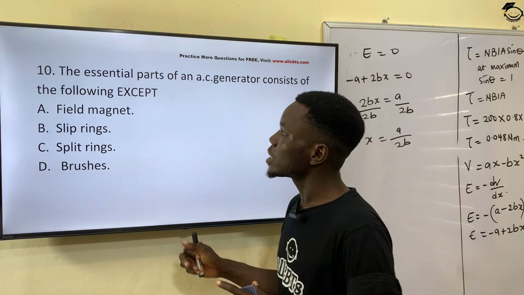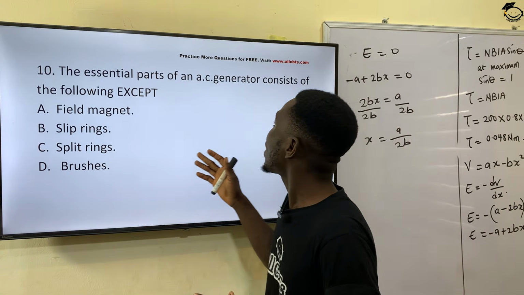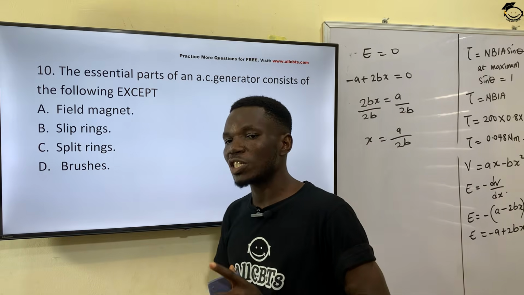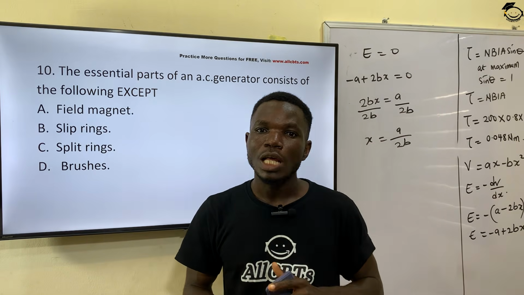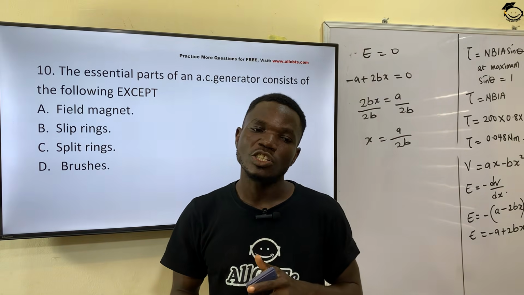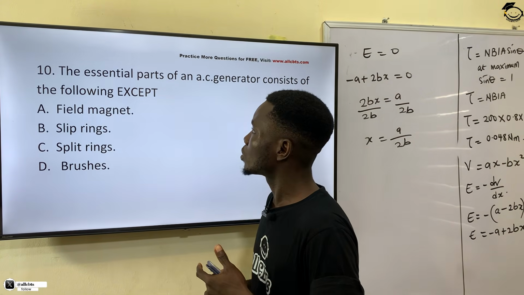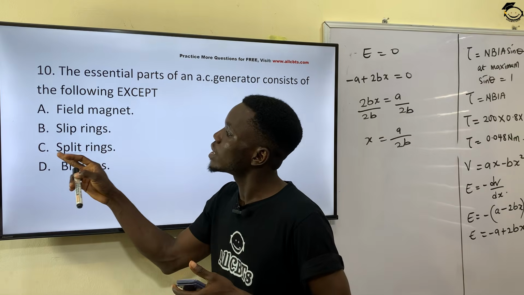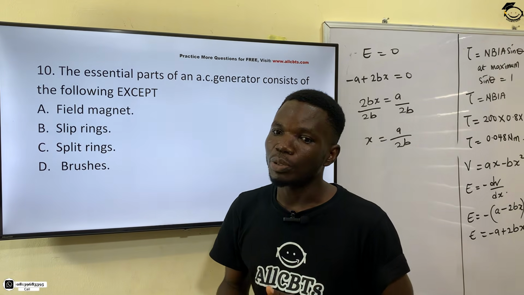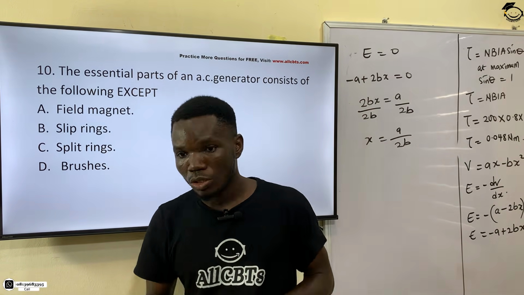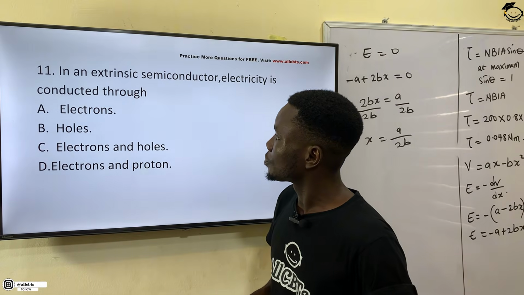All of these are part of an AC generator except the split rings. Split rings are only present in DC generators in order to convert the current to direct current. So the answer is option C, split rings.